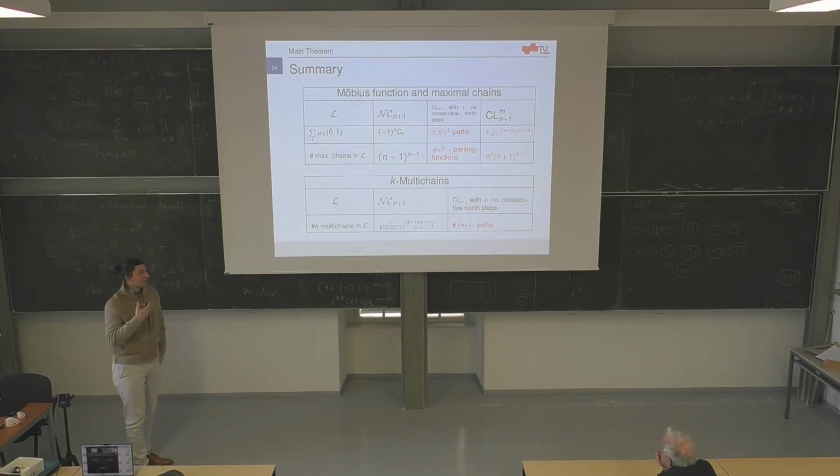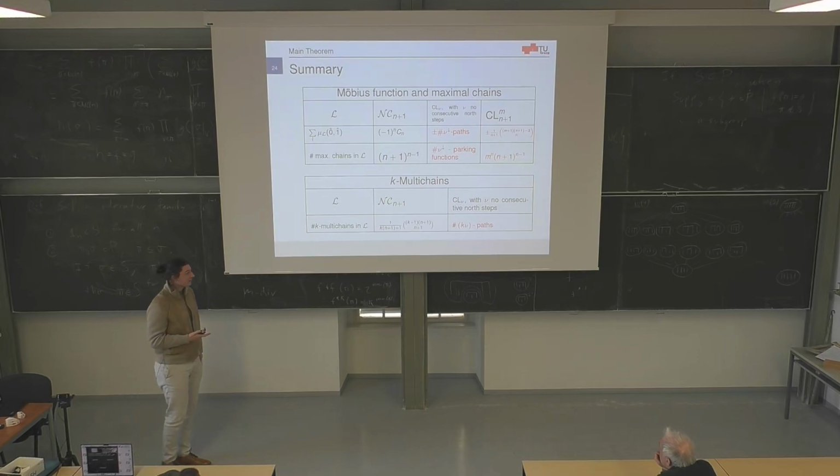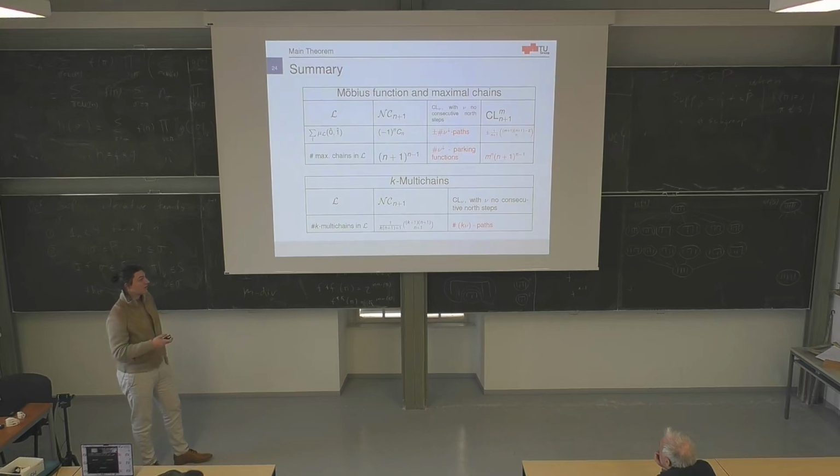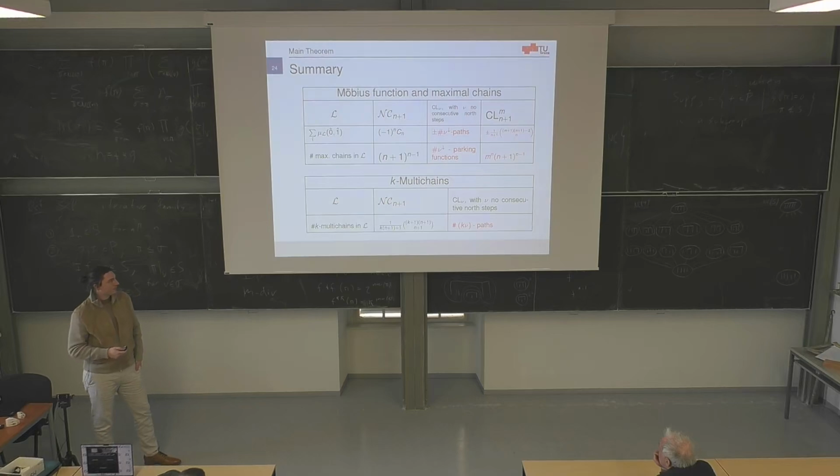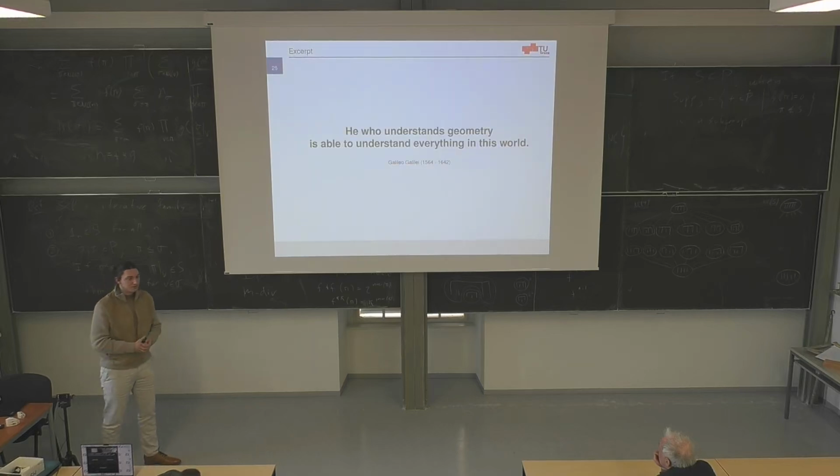And for counting multi-chains, where the classical answer is given by Catalan, we now count the number of k nu paths. So these are our results. And that's my presentation. Thank you.